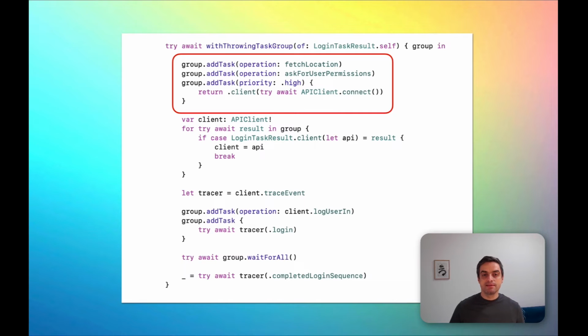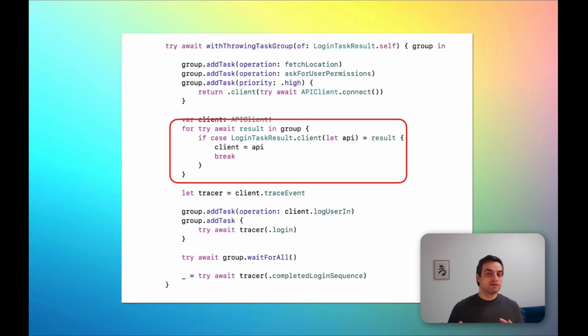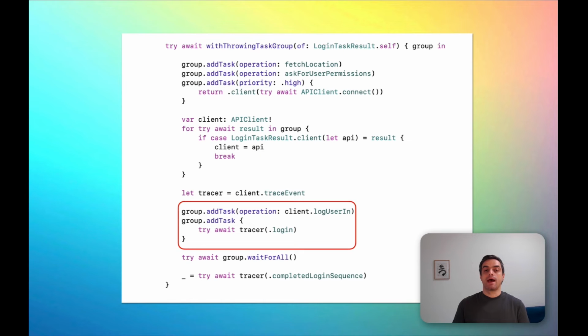However, then we wait until, regardless of which tasks exactly complete at this point, we get the result of the task that connects to the server API, and we move forward, grab that connected client variable and move forward with work. And so we'll add 2 more concurrent tasks to the group.